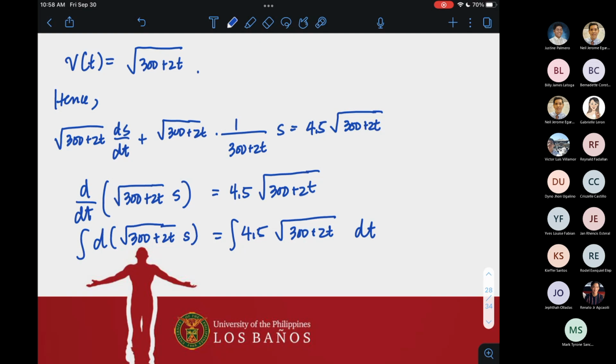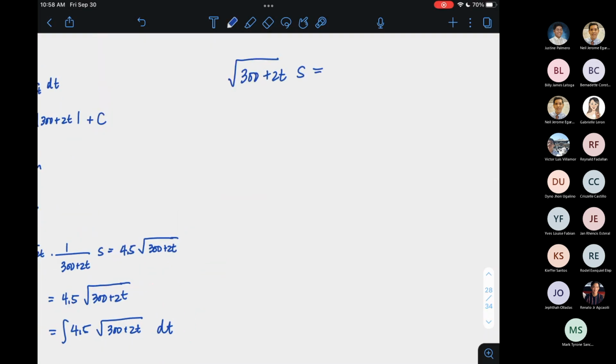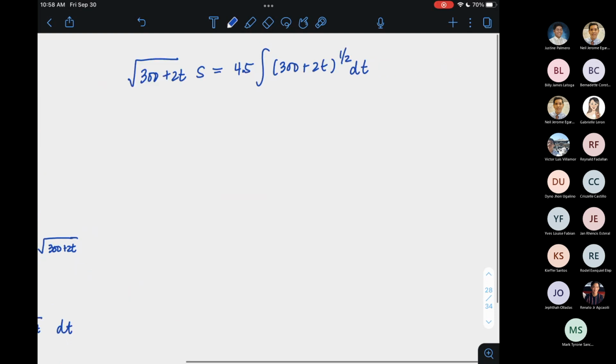Alright? So essentially now, what we have is, we'll have square root ng 300 plus 2t times s equals sa integral nito. So labas ko lang yung constant, 4.5 integral ng 300 plus 2t raised to the 1/2 dt. Pagpasensyahan nyo na ako, hindi ko kaya yung minimental yung integration. So, magle-let u pa ako dito sa gilid, which would be 300 plus 2t.